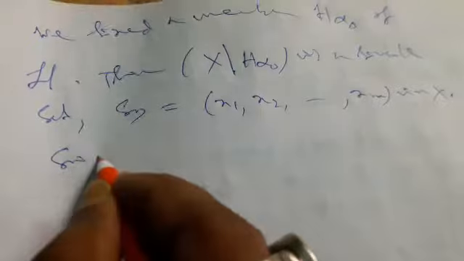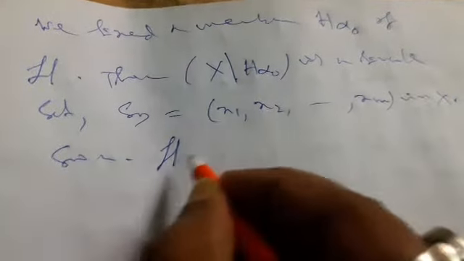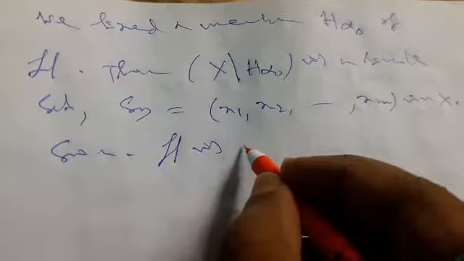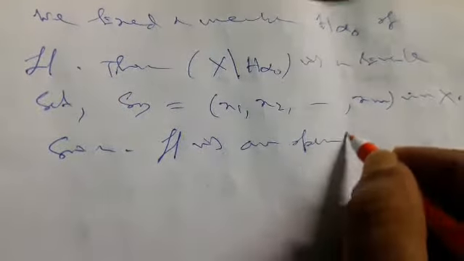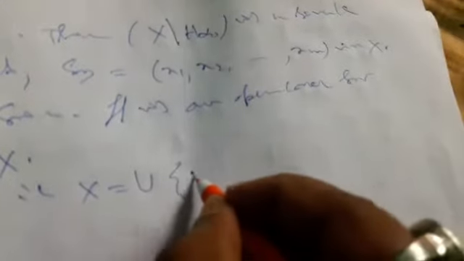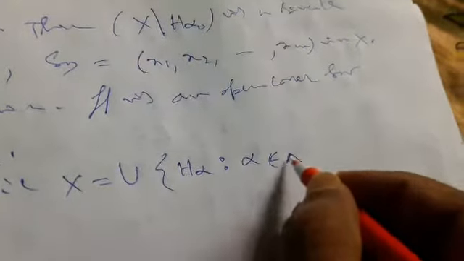Say it has elements x1, x2 up to xm in X. Since script H is an open cover for X, X can be written as the union of members H alpha, where alpha belongs to an arbitrary index set.